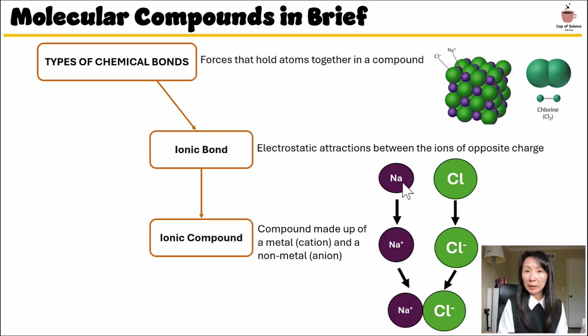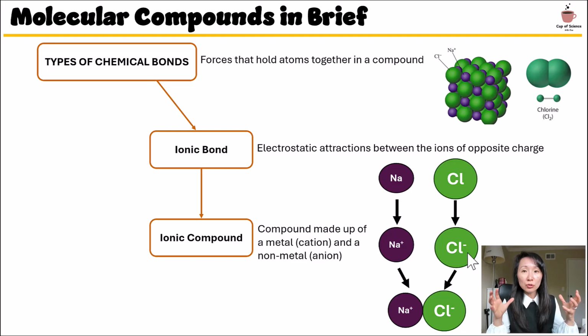So we have sodium and chlorine, and sodium is neutral here, and chlorine is neutral there. Something happens, and now we have sodium positive and chlorine negative. There's a transfer of electrons from sodium to chlorine that causes a positively charged and a negatively charged ion to form.